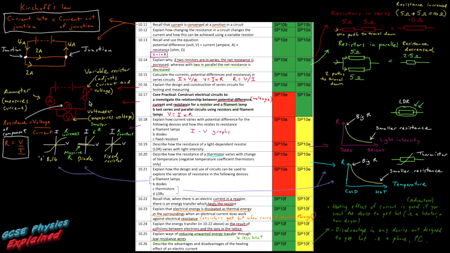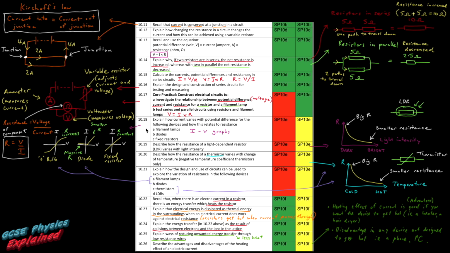And as I've just explained for 10.16, you would use this circuit, and you would get the current and voltage reading for that particular device. So they're saying for a resistor and for a filament lamp. And then once you've got your current and your voltage readings, adjust the variable resistor and take your readings again, and do that a minimum of 6 times in order to get enough data to plot a graph. And here's the type of graphs that you'll end up getting.